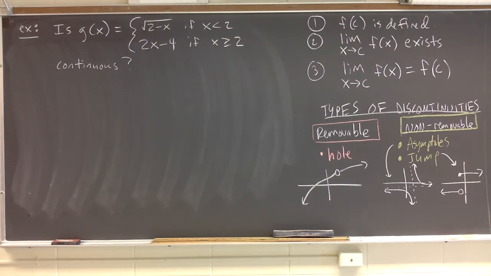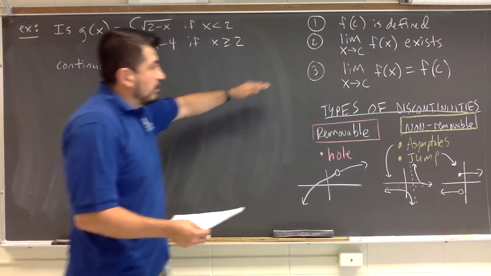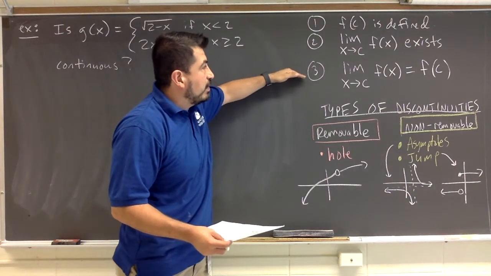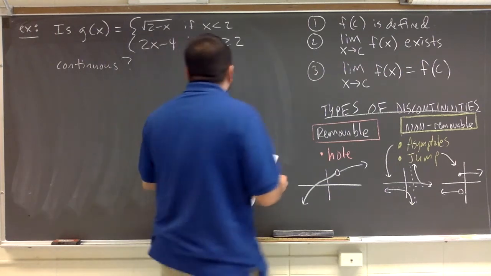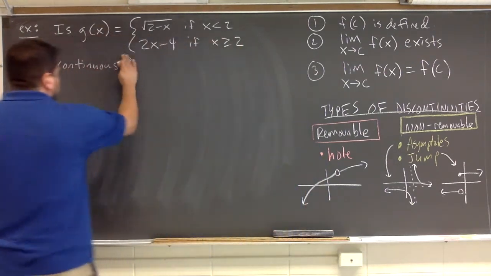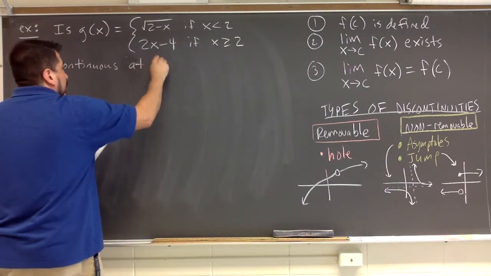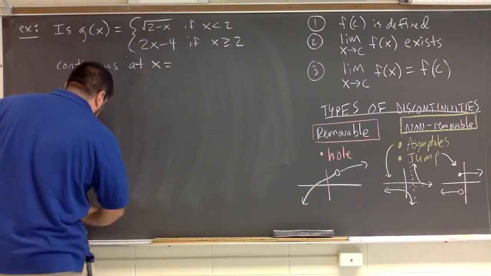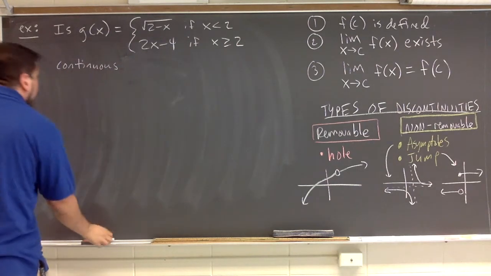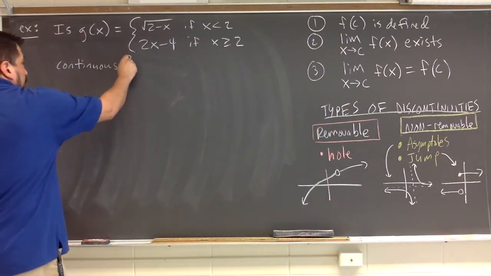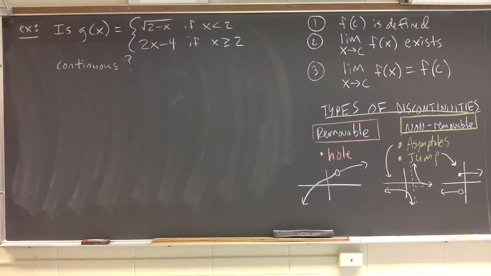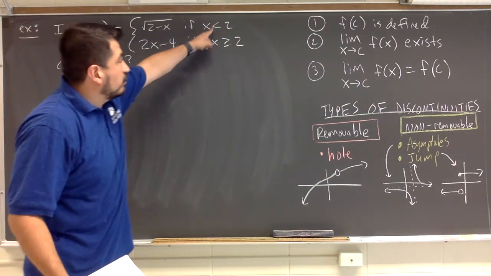So let's go through it, by definition first. Remember, these are the three conditions that need to be met. And I should say continuous, I don't need to say specifically at what value, but here's where the issue is going to be.